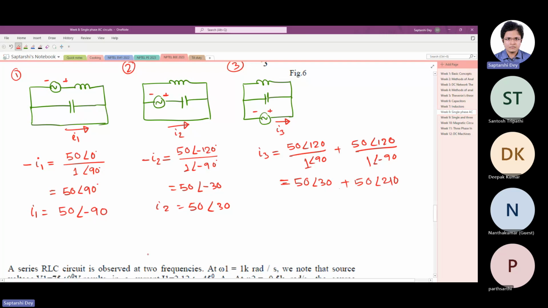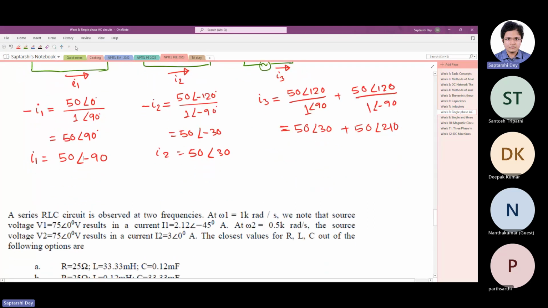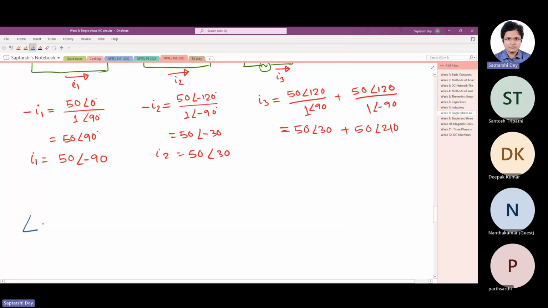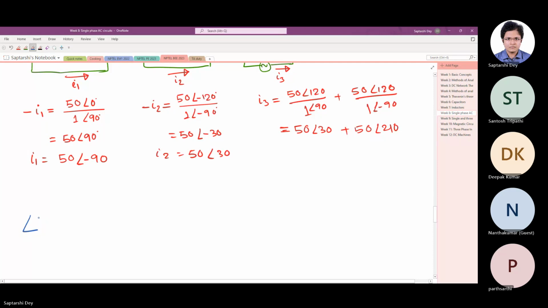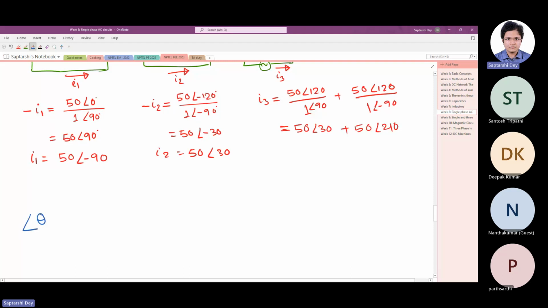All right. Now, what does this angle minus 90 or whatever mean? Let me write in a different ink. We'll deviate a little bit. Whenever we solve this problem, first of all, you have to make sure that whenever you write these angles, you are consistent with sine and cos.